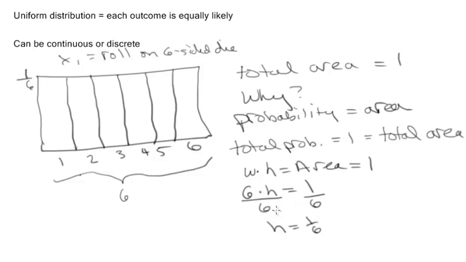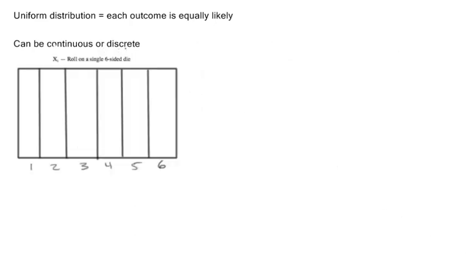Okie dokie. So let me clear the screen here a little bit, and let's do a little bit of probability with this example. I cheated a little bit, and I got a nice clean copy of the graph now. So let's find, oh heck, the probability that x is greater than or equal to 5.